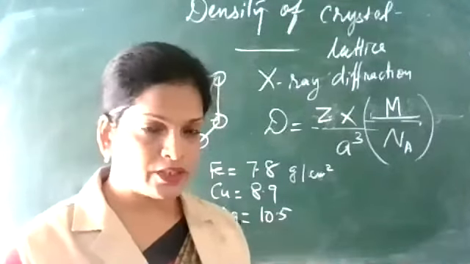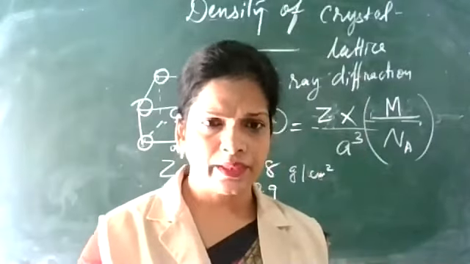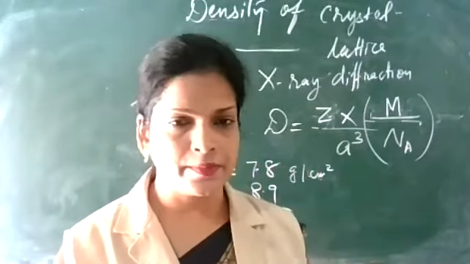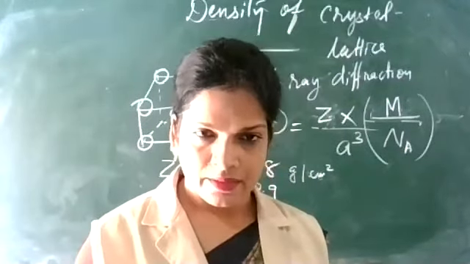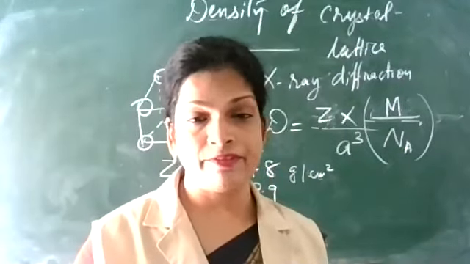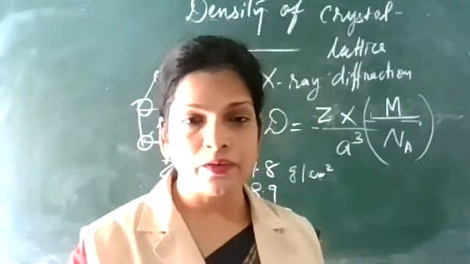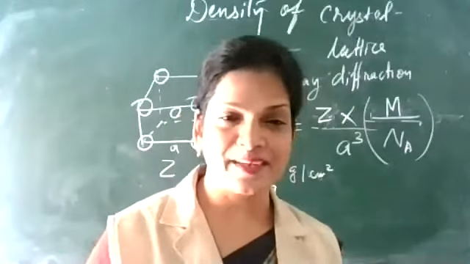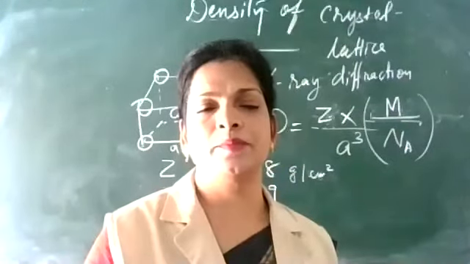Of course, the answer you are going to get is 63.5. You know that copper molar mass is 63.5. But don't write exactly 63.5 after calculation. According to the given data, you will not be getting exactly 63.5, so you can write 63.3 or 63.2.